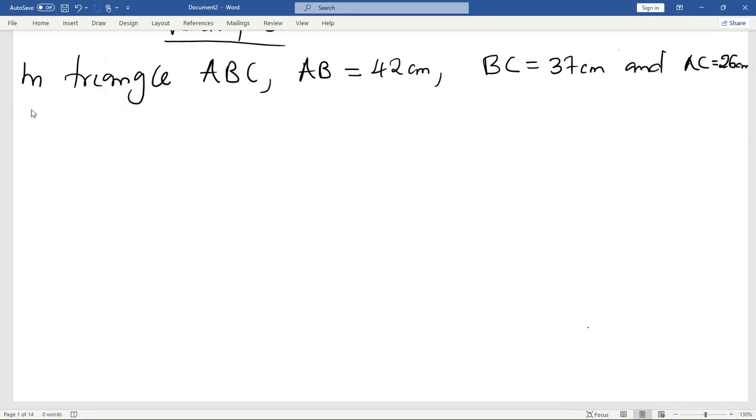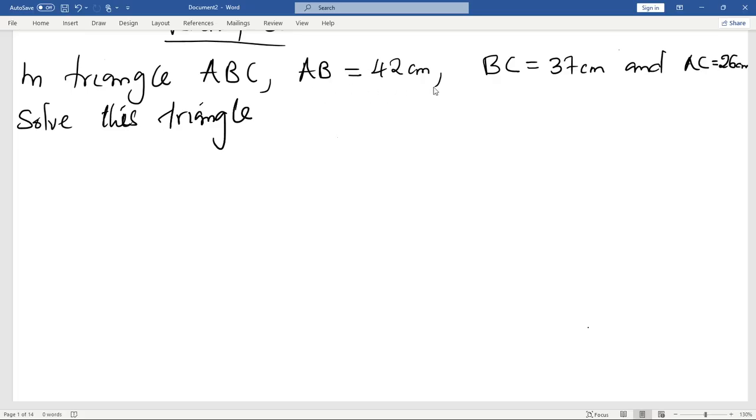The question says solve this triangle. Okay, so suppose this is the triangle that we're dealing with.